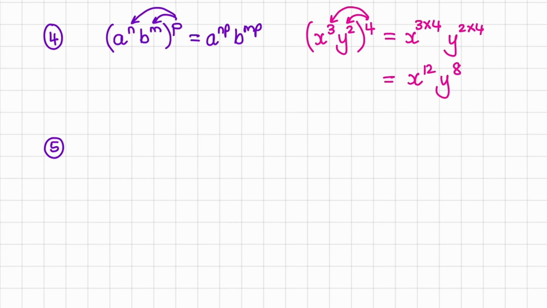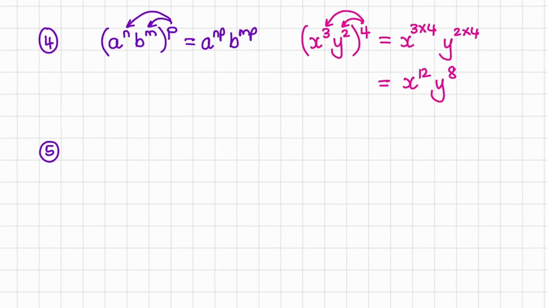And the next law that we learned builds on the previous two. So let's say we have a to the power of n over b to the power of m, and I raise this to the power of p. Then what I would do is distribute the outside exponent to the inside exponents. So I will have a to the power of np over b to the power of mp. Let me show you an example.